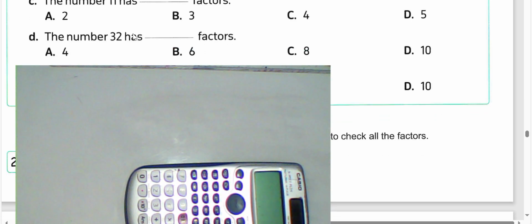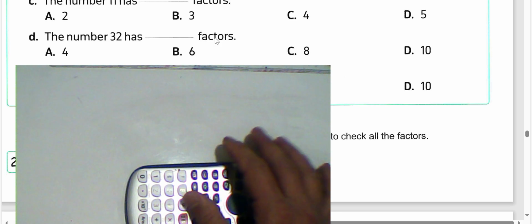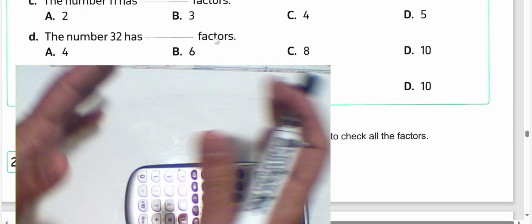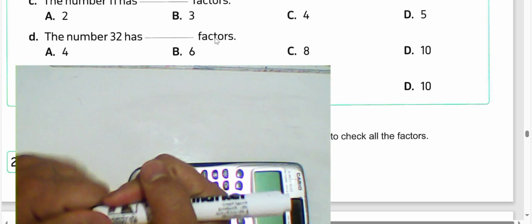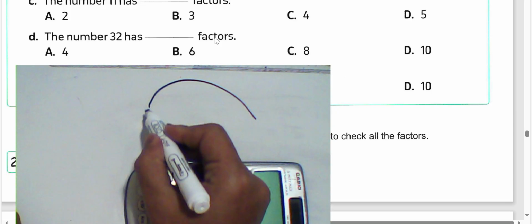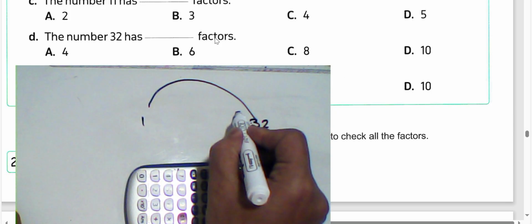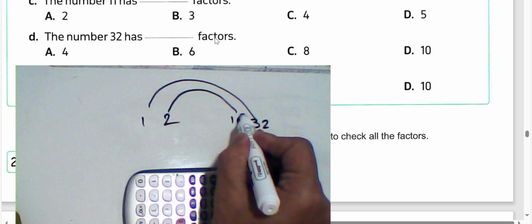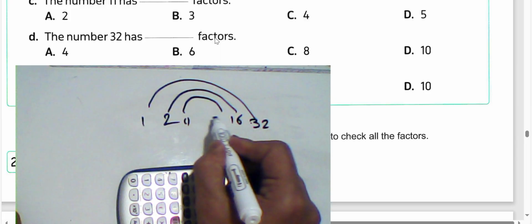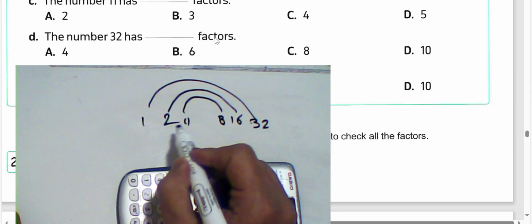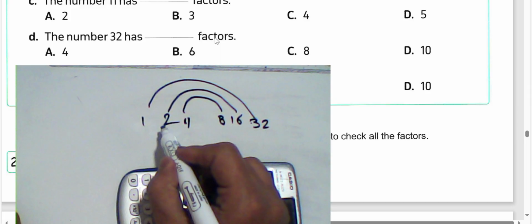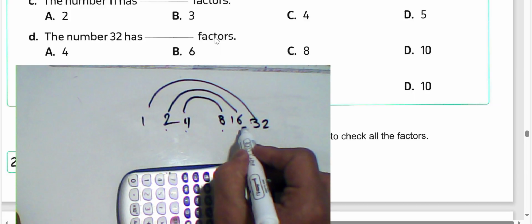The number 32 has how many factors? We can count them by using the T-chart method or rainbow. Like this, 1 times 32, 2 times 16, 4 times 8. Okay, 1, 2, 3, 4, 5, 6.